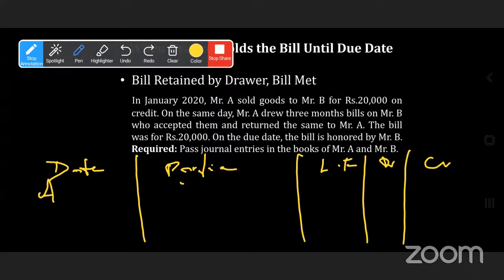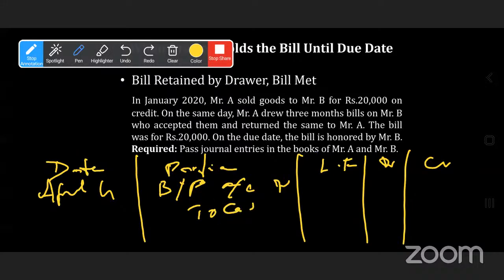April 4th: bills payable account debit 20,000 to cash account 20,000, being cash paid to A.